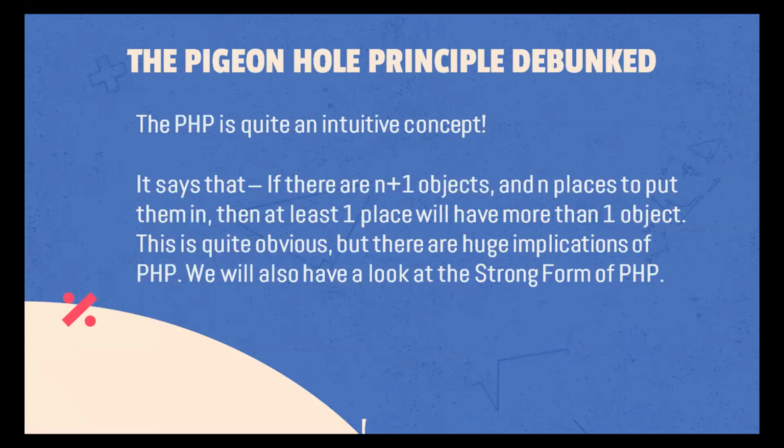What the pigeonhole principle states is that if there are n plus 1 objects and there are n places to put them in, so you consider there are n plus 1 balls, or any sort of objects, and suppose there's a shelf and you have n places to put them in, then at least one place will have more than one object. That's quite intuitive.